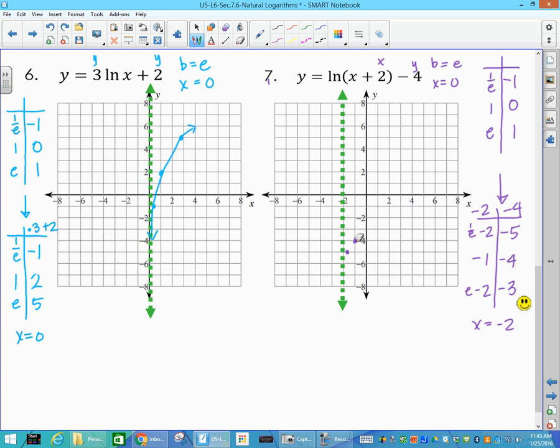And then at e minus 2, which is about 3 minus 2, which is 1, but a little before it, I'm at negative 3. So we're looking like this. And there's your logarithmic function, natural log function. Okay, apologize for those little mistakes. I hope that helps, and if you have any questions, please come see me.